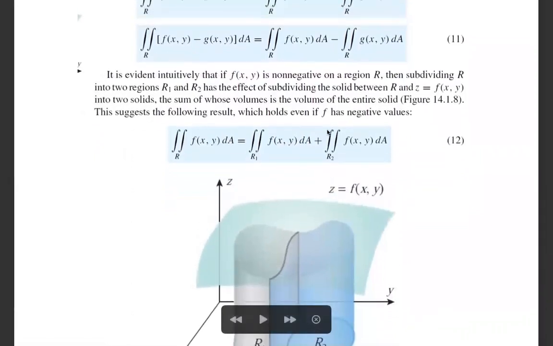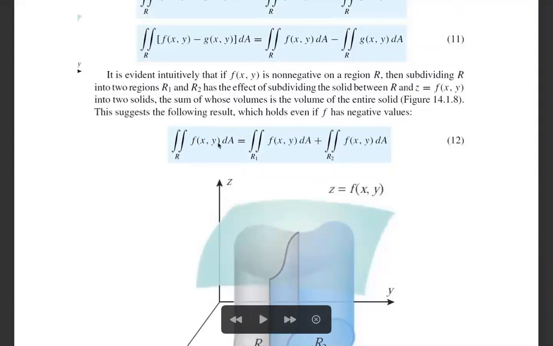And if R is a region which is subdivided into two regions, say R1 and R2, and f(x, y) is non-negative on the region R, then subdividing R into two regions R1 and R2 has the effect of subdividing the solid between R and z equal to f(x, y) into two solids.